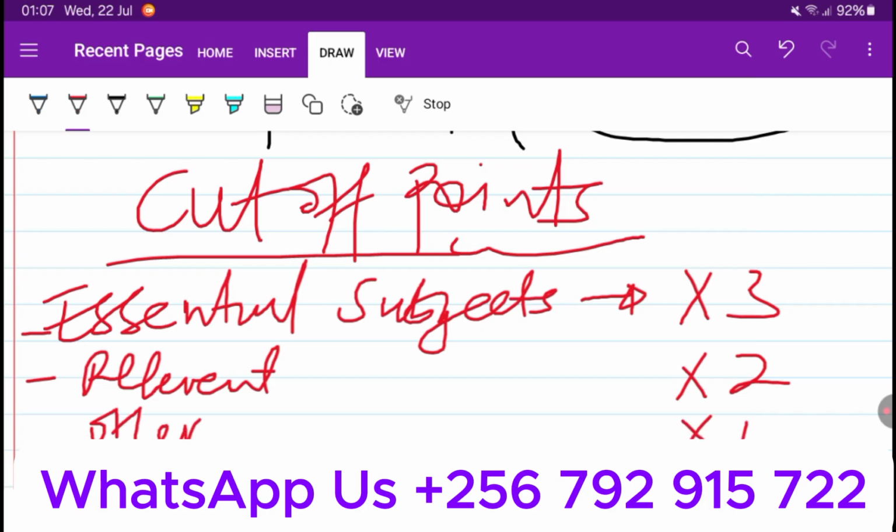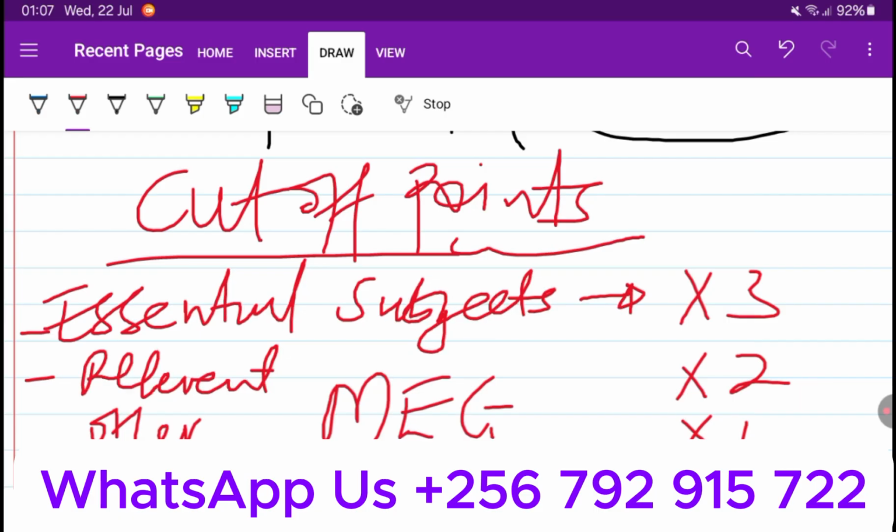So if you are going to choose a combination, maybe you have done MEG, you have done mathematics, economics, and geography at A level. If you are going to apply for, let's say, accounting and finance at a certain university, they will tell you that the essential is maybe economics or math.